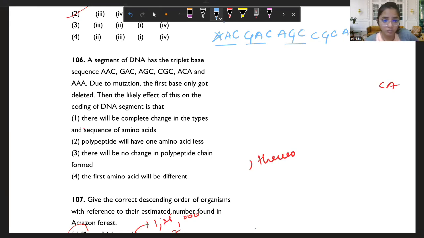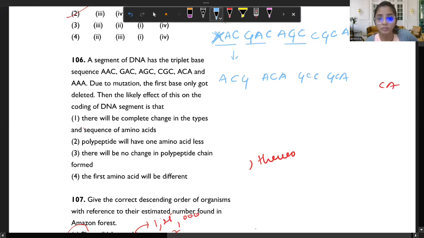But due to this change in the first nitrogen base, now the sequence would be like ACG, ACA, GCG, GCC, GCA, CAA.